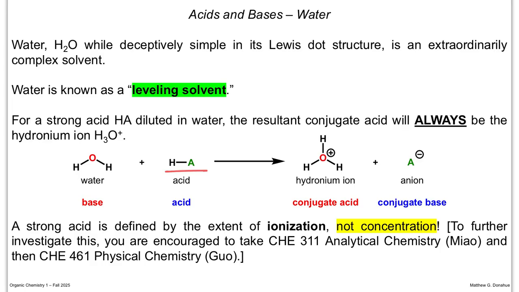I'll draw the longest bond in the world here. What I mean by that is we're going to generalize this A to be whatever else is attached to that acidic proton.